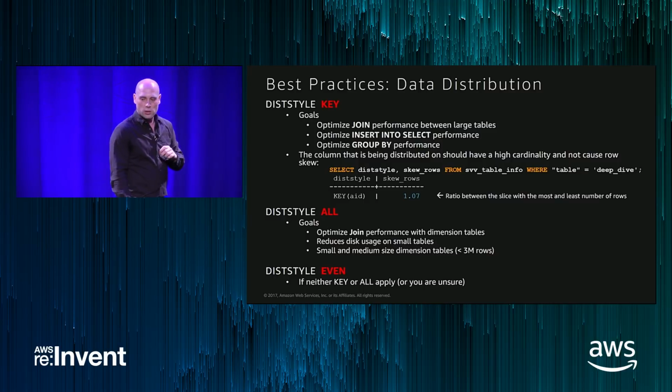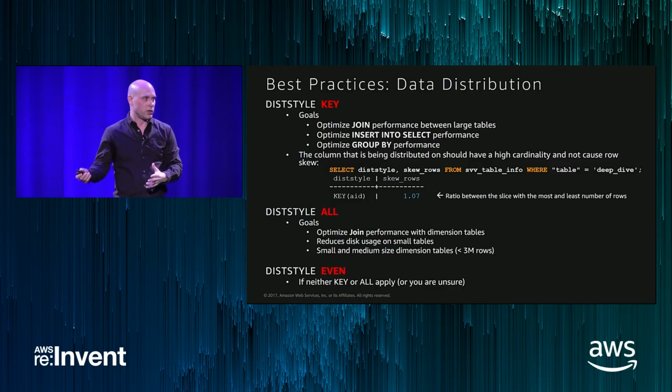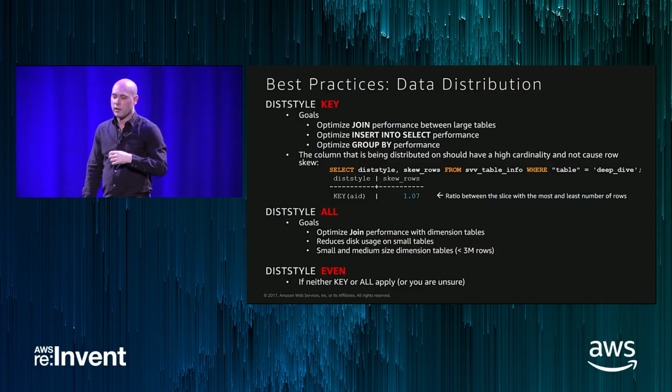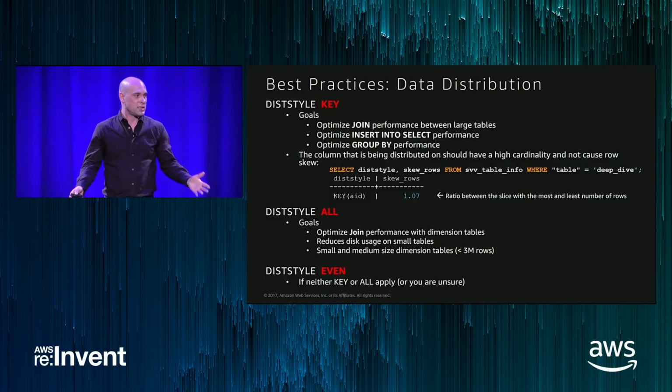Distribution style ALL is for optimizing join performance between your tables, usually your fact tables and your dimension tables. As a rule of thumb, it's safe to set that distribution style on a table if it has 3 million rows or less.